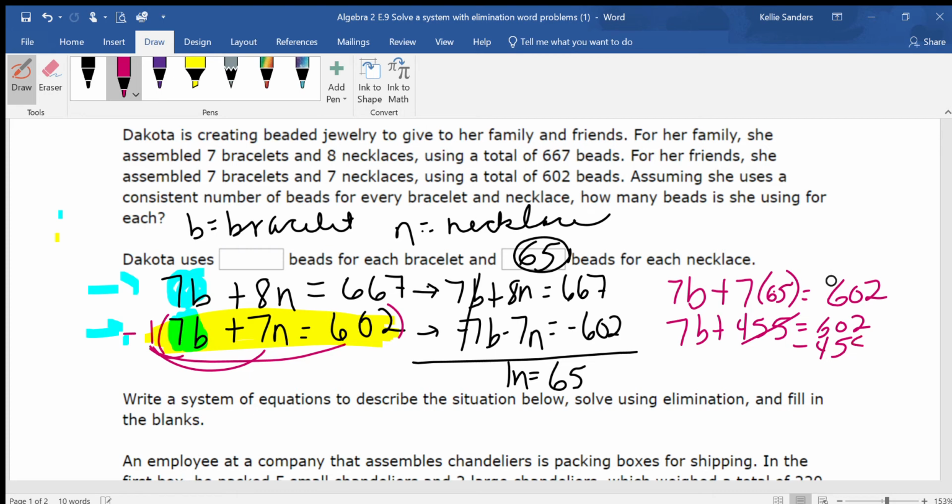Then 602 minus 455. 7B equals, now I'm having to do this in my head. I didn't bring a calculator, so you might want to check me on that. And then we divide by 7, which would be 21. What's 21? B is 21, which means they use 21 beads to make one bracelet. So 21 and 65.